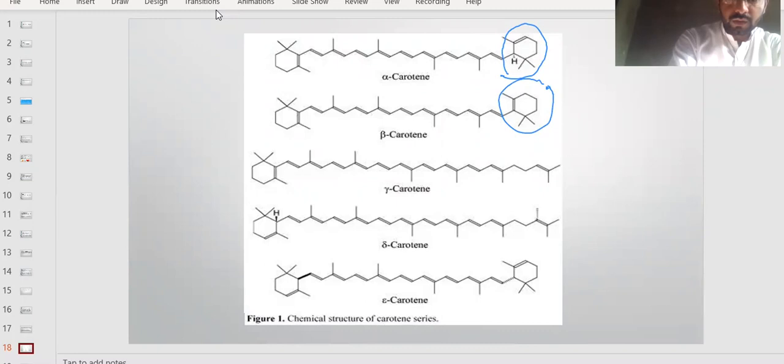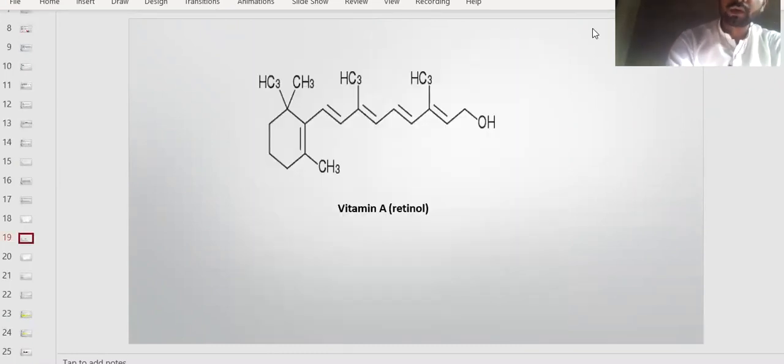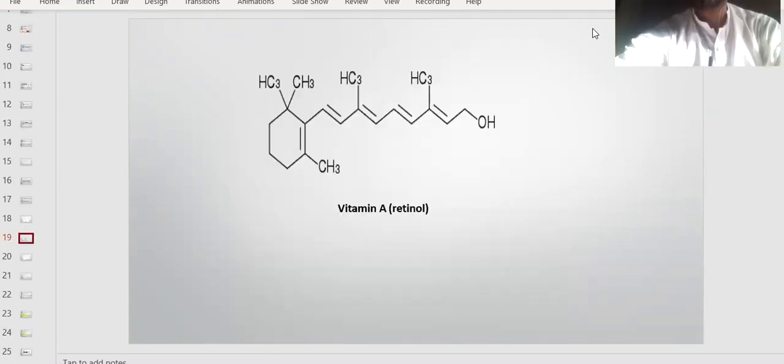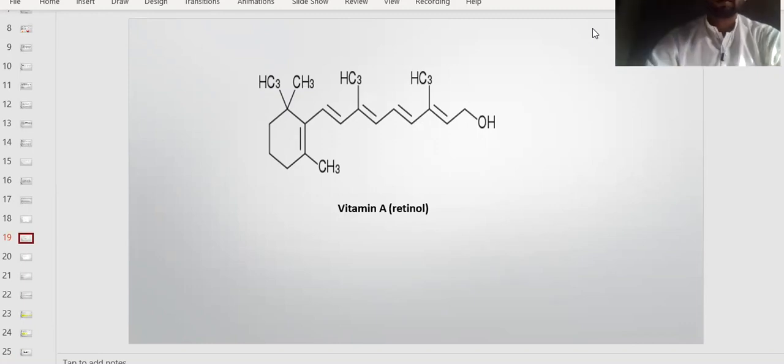Alpha carotene, beta carotene, and gamma carotene have a ring on one side that is not present on the other side. So we may say that the differences between the different forms of carotenes are due to the rings.